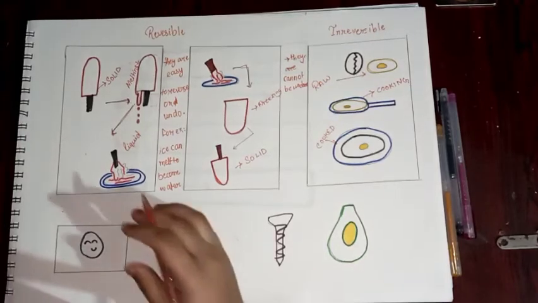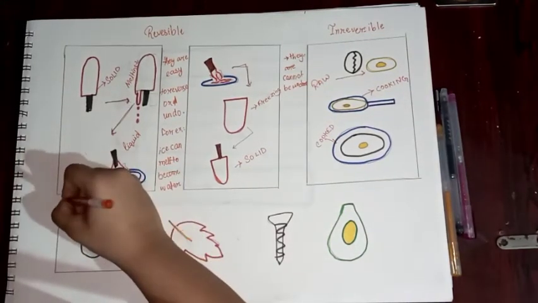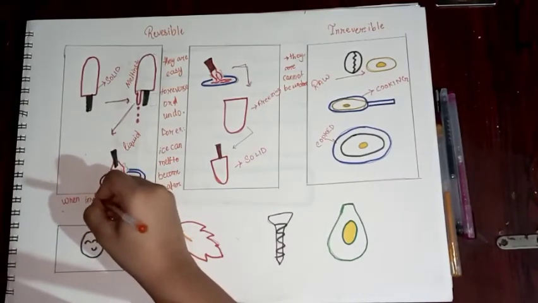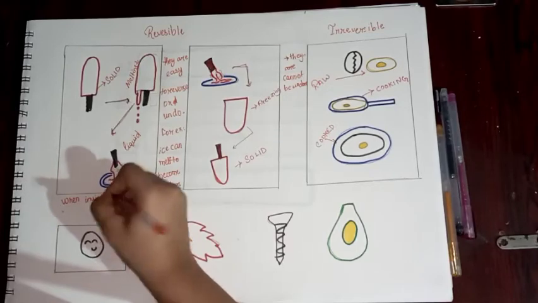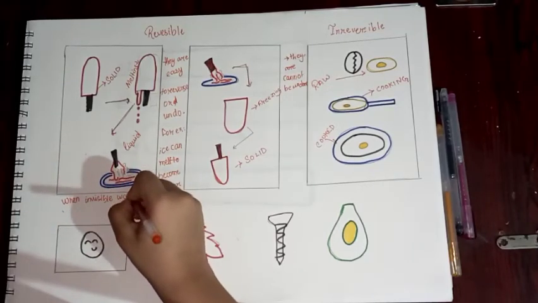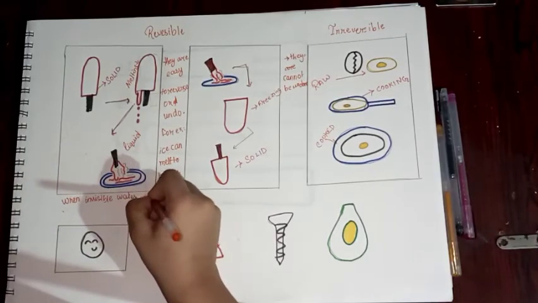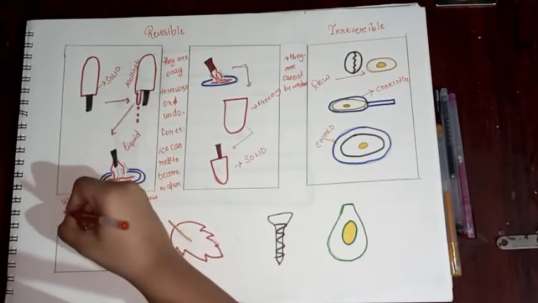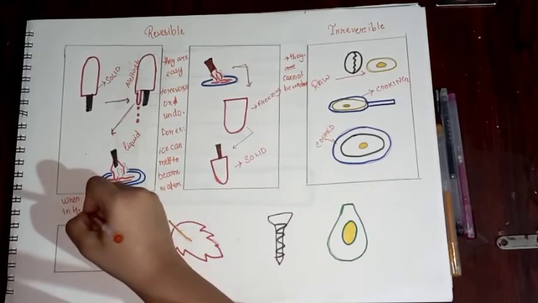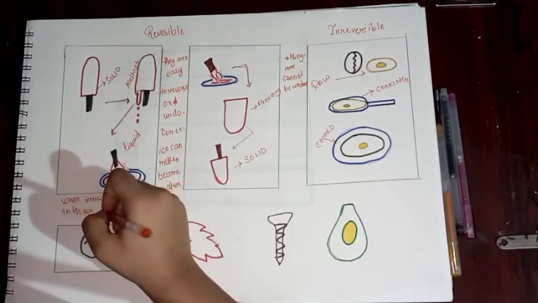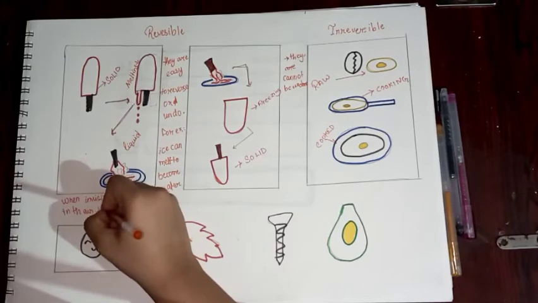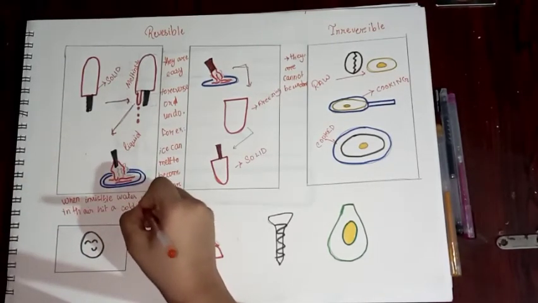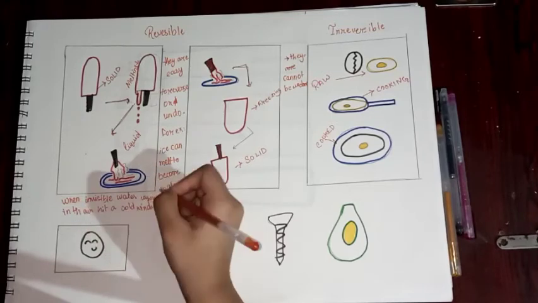When invisible water vapor in the air hits a cold window, this is when the steamed window is formed.